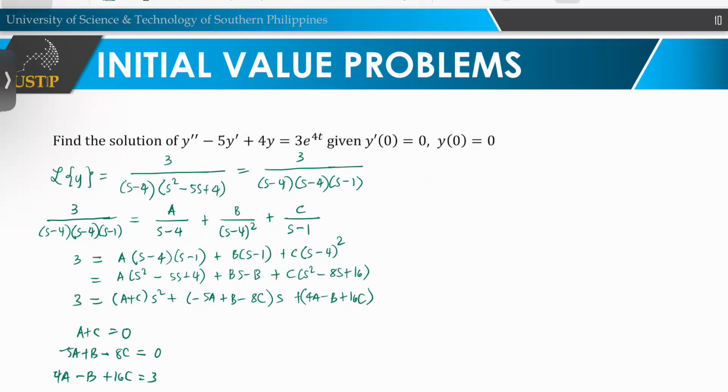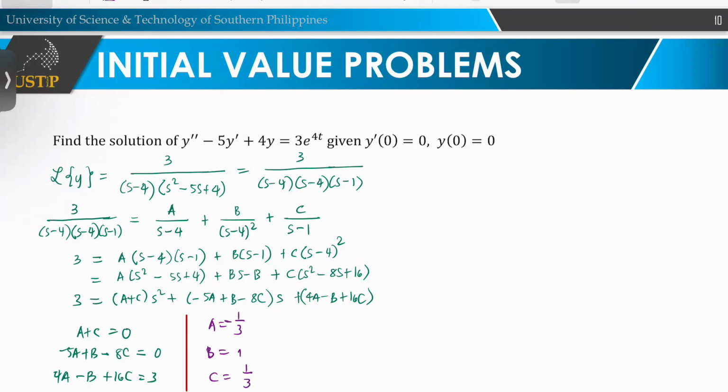Okay, kanang 3 ni-mao dira. And then, solving for that, we'll get a value of A of negative 1/3, and then B, which is 1, and C, 1/3.